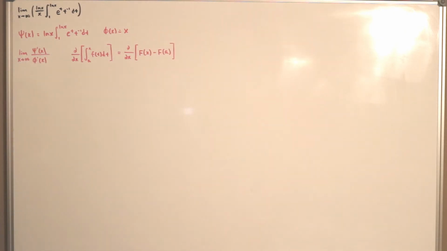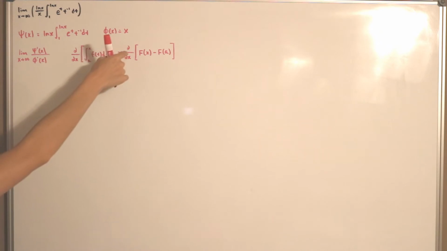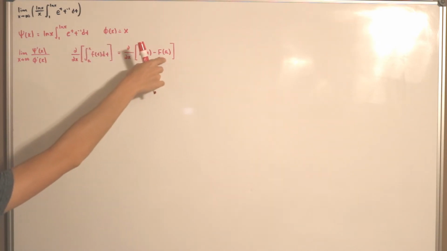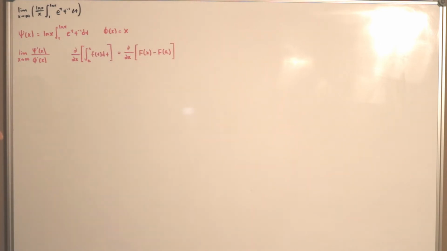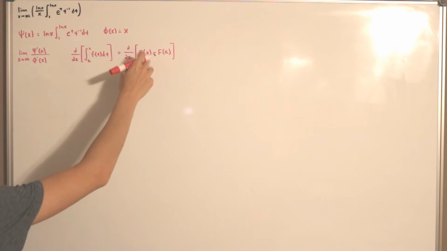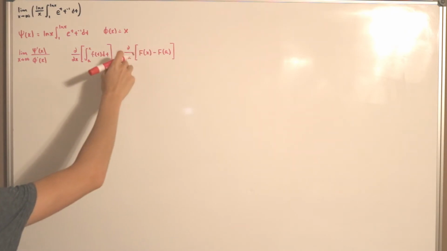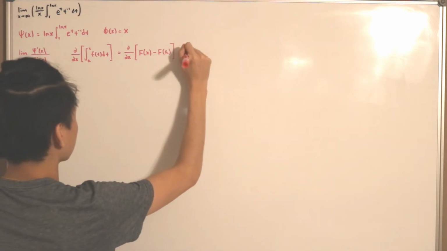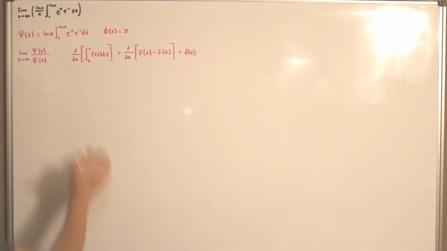If we take the partial derivative with respect to x, capital F of a is just some constant, so that cancels. Capital F of x, if we take its derivative, is just equal to f of x. So we're going to apply this in order to evaluate this integral.